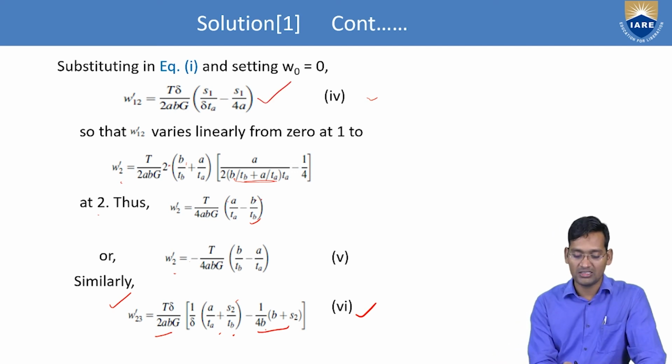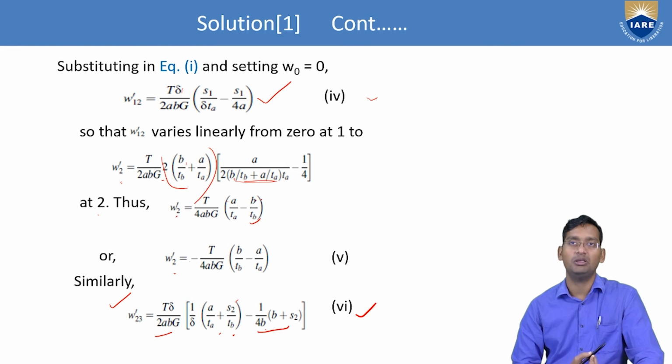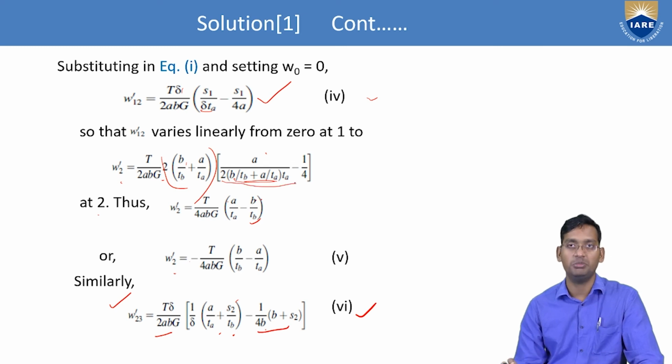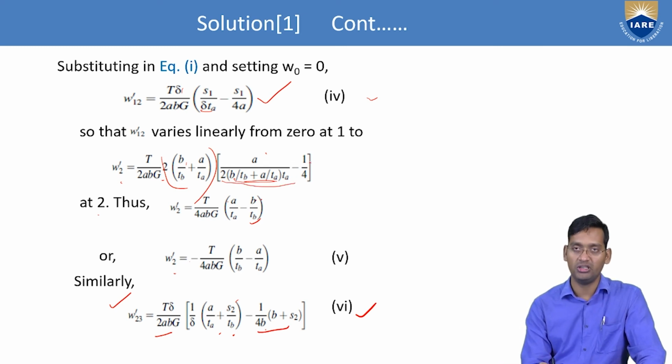Now W dash 2 is T by 2ABG, putting the delta value, this 2 into B by TB plus A by TB, right? Putting again this value, so A by 2 B by TB plus A by TA into TA minus 1 by 4. Take 1 by 4 common. So here what will be there? 1. Again take LCM just like the previous one. Simplify.